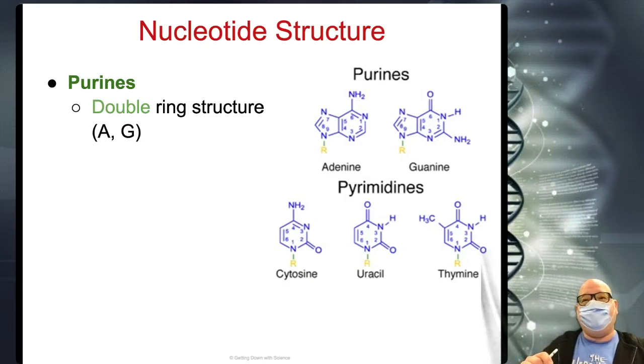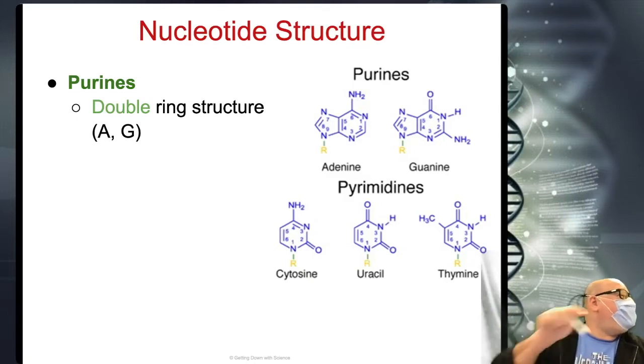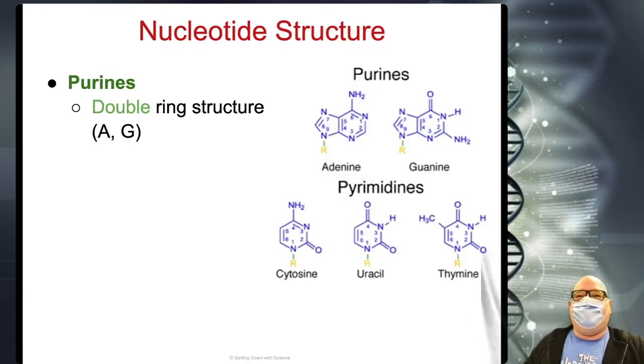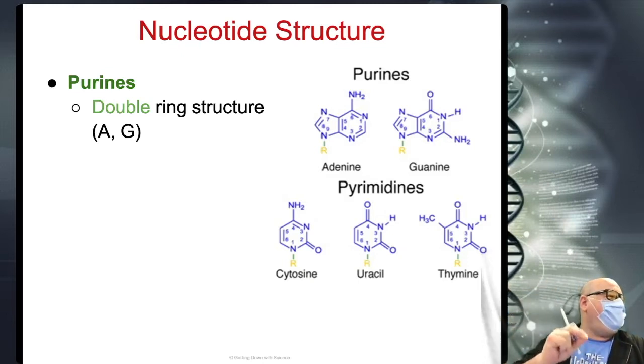Now, I have a crazy way to remember this. When you have a wedding, how many rings are there usually? 2, okay? You're supposed to be pure on your wedding day. Supposed to be, right? So, weddings, pure, double rings.